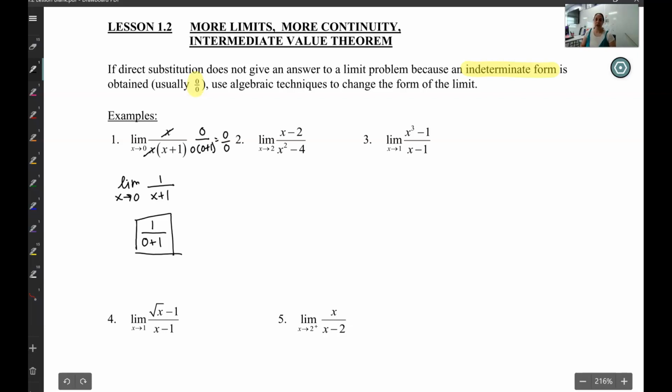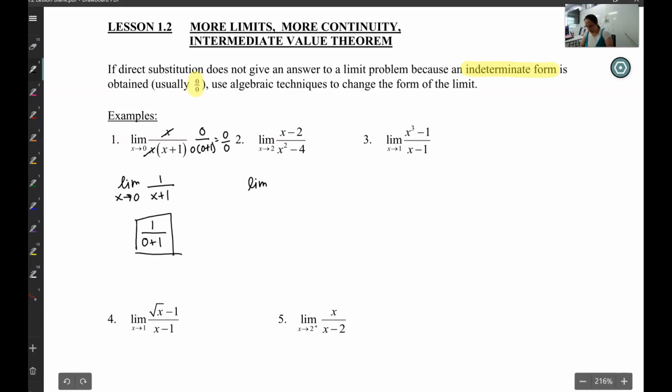You can leave that as your answer and you're fine. You will get full points on the free response. Second, you do need to write this right there. You need to write your limit in every single line of work until you do your direct substitution, or you will lose points.